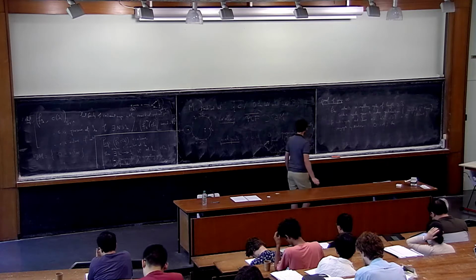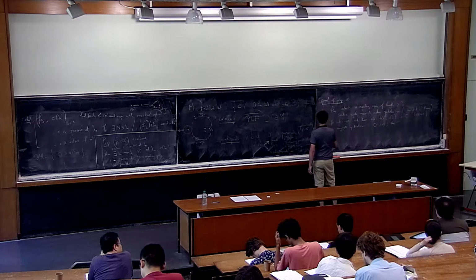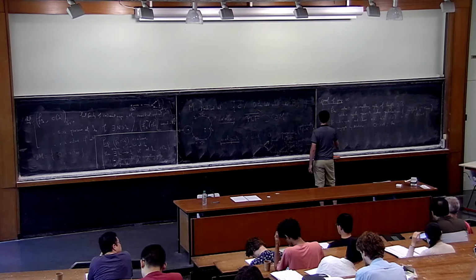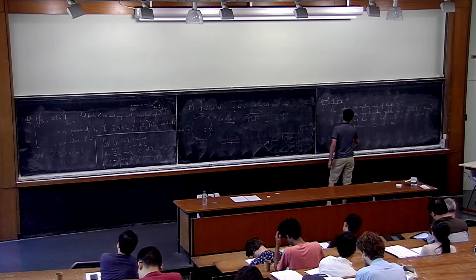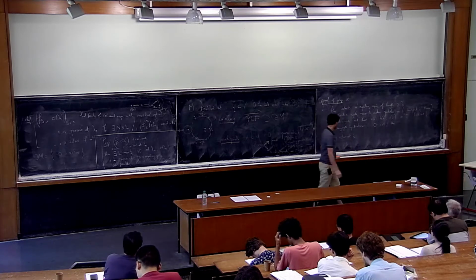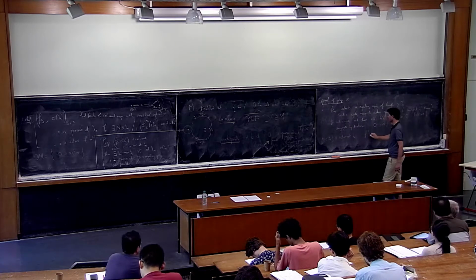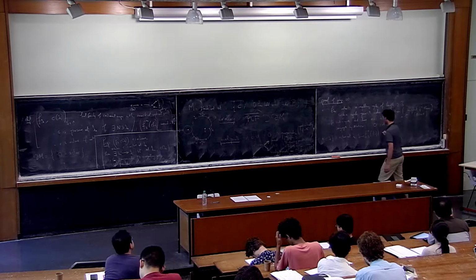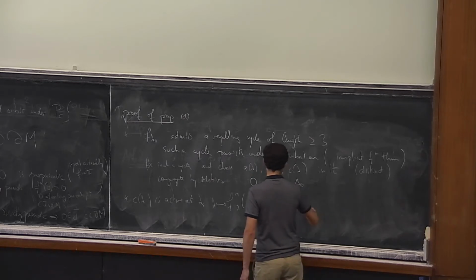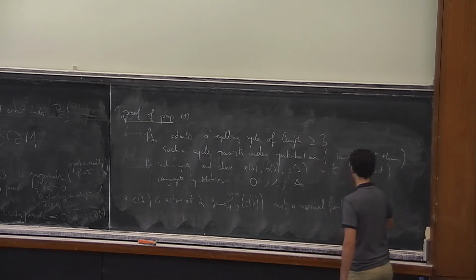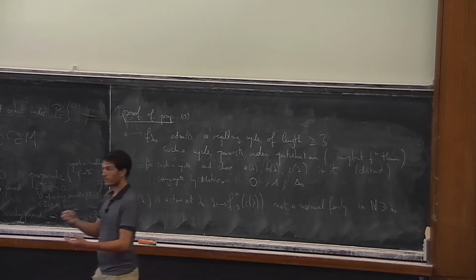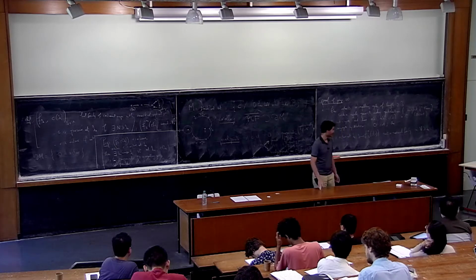Now remember that I have a critical point c of lambda. c of lambda is active at lambda naught. So it means that the family of mappings f lambda to the n of c of lambda is not a normal family in any neighborhood of lambda naught. So by Montel's theorem, it cannot avoid 3 points.